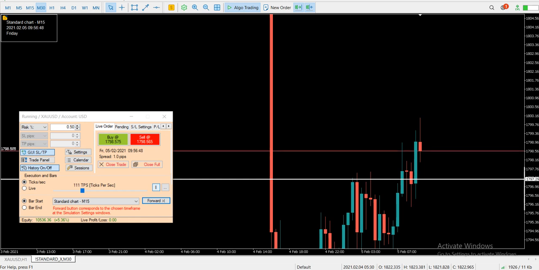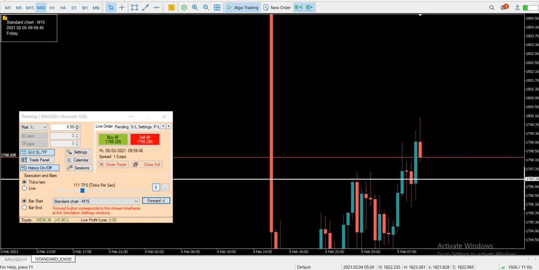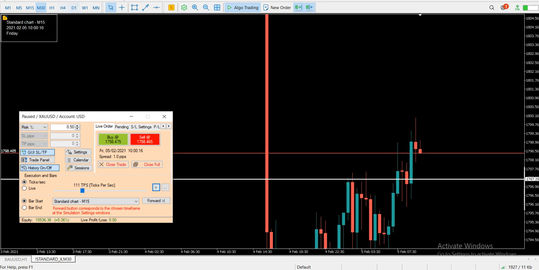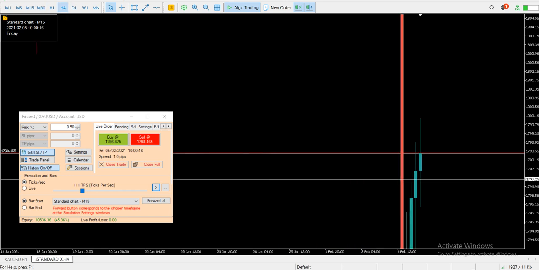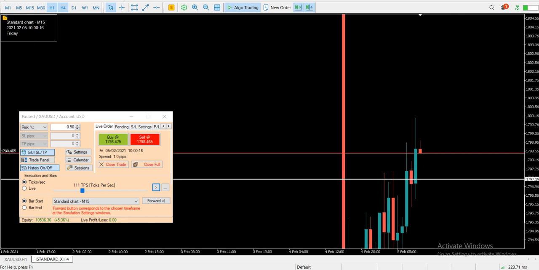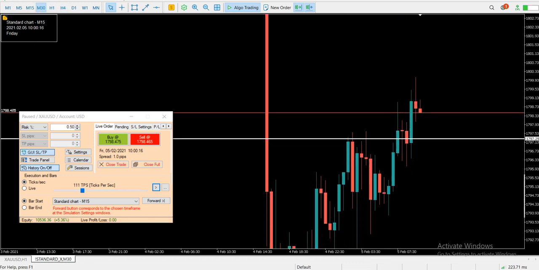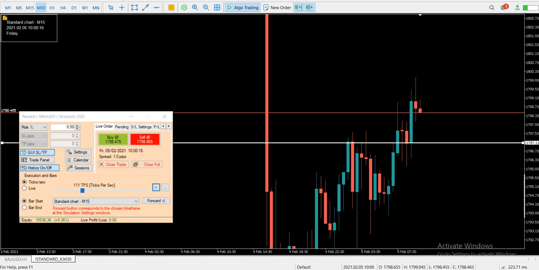We have 5 minutes left in candle closure. Candle closed bearish. 1 hour, 30-minute. If we do break below this level, I'll look for sells, right?